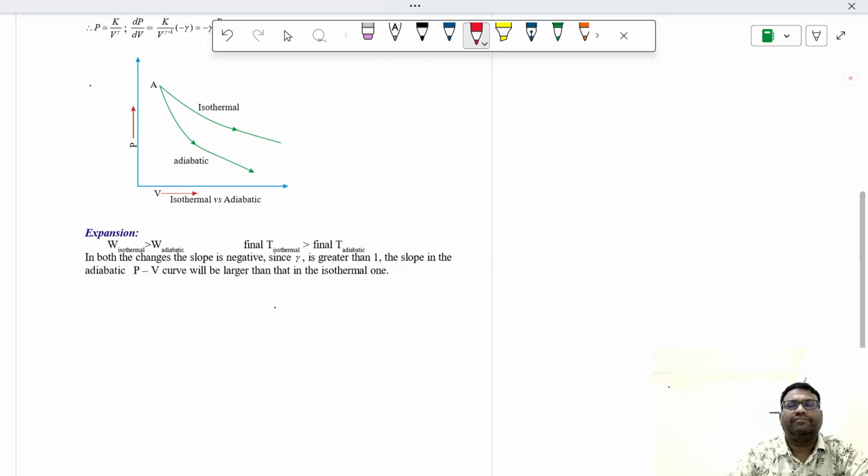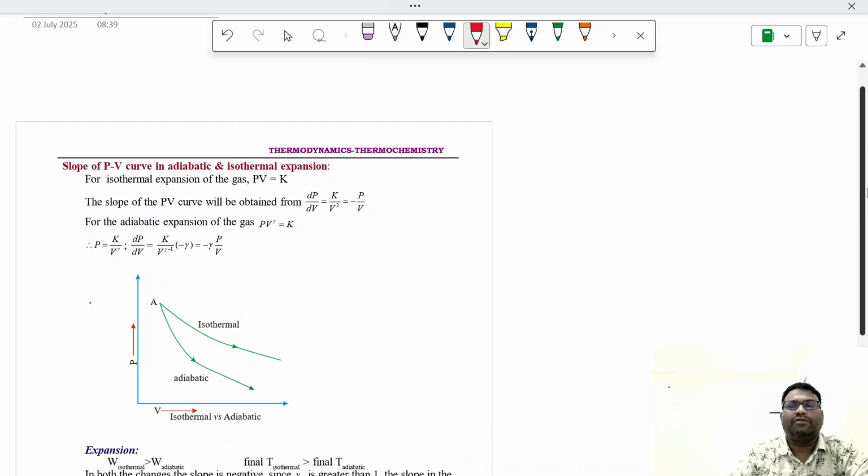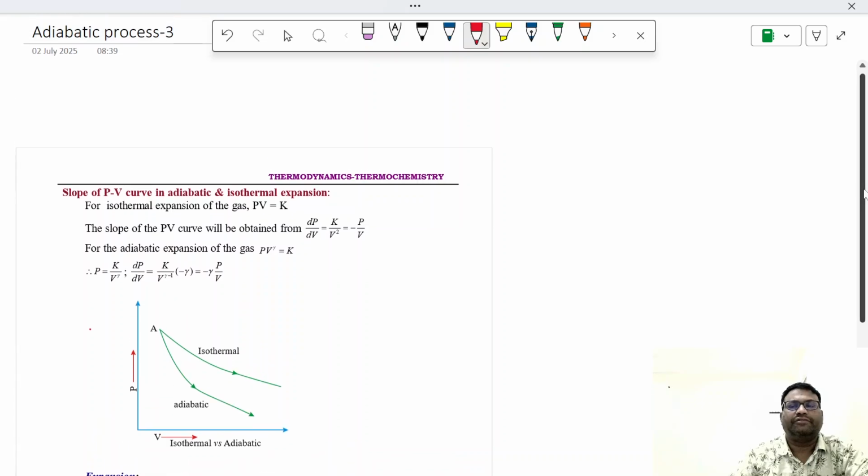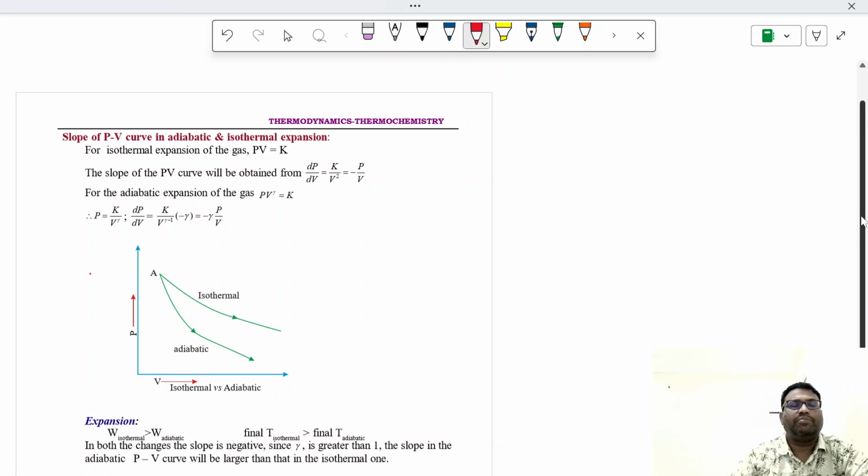Next, let us see here. We are speaking about now the graph comparing isothermal process and adiabatic process. So let us see isothermal first of all.